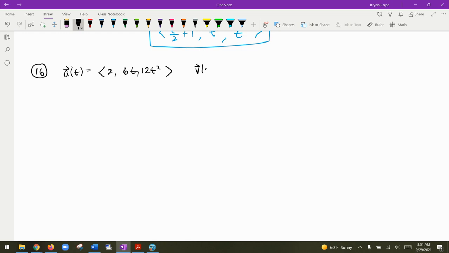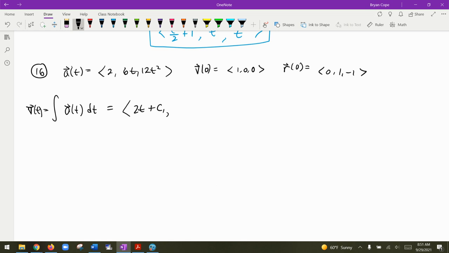Our initial velocity is the vector 1, 0, 0, and our initial position is the vector 0, 1, negative 1. So velocity is the antiderivative of acceleration. So we'll do component by component. We've got 2t plus a constant. We've got 3t squared plus a constant.